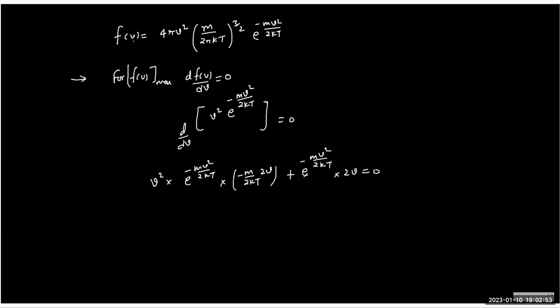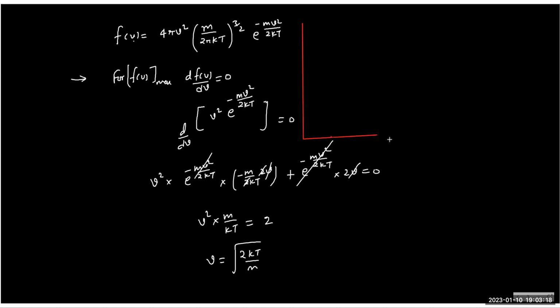Yes. So we are going to get here V square into M by KT equals to 2, right? So V square is how much? 2 KT by M. And I hope you know this answer, that this is the most probable velocity formula, right? Yes, sir.